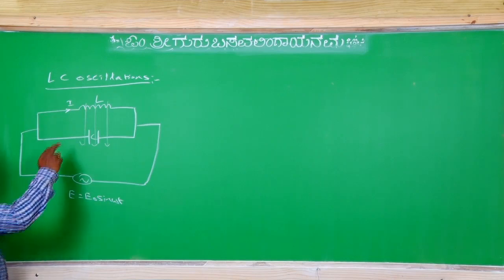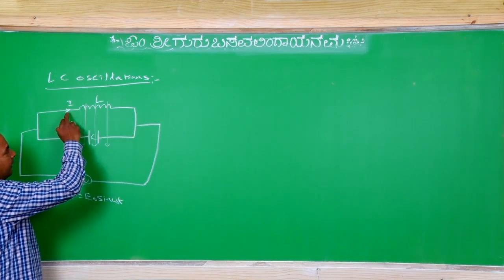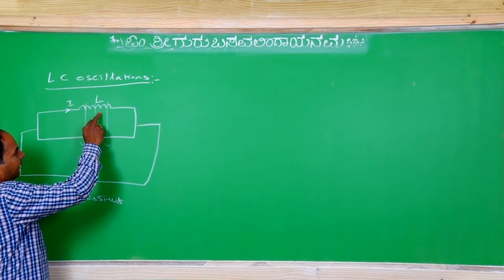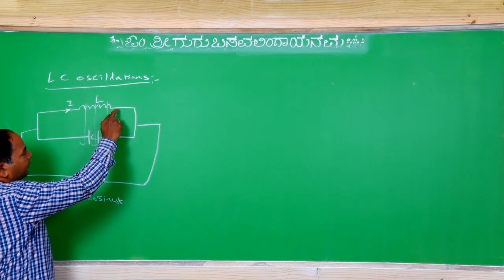This current I is passing through the inductor. When the current is passing through the inductor, the inductor allows the current to pass through it.